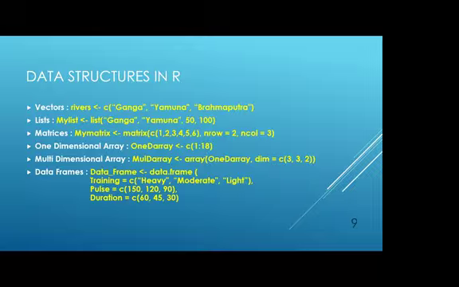Maybe this is just some information saying that if the training is heavy, your pulse rate will be 150, and you have to do it for a duration of 60 minutes because you are a heavy trainer, something like that. So you have a simple table in front of you with 3 rows and 3 columns. That is a data frame. And as I said, in the morning session, you were using a data frame to create those plots.